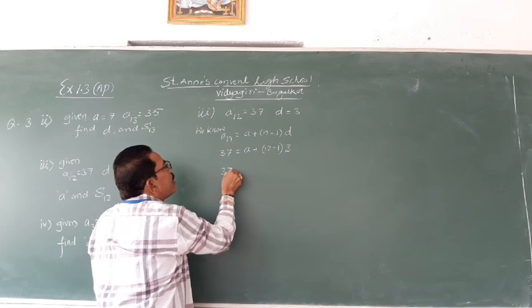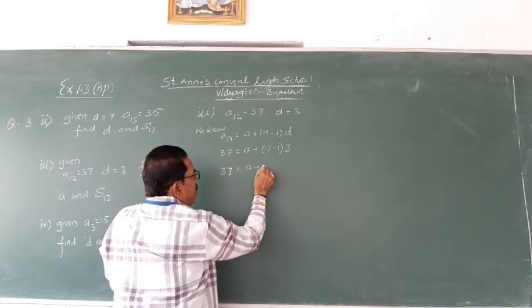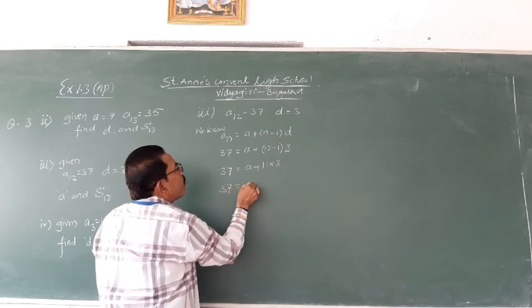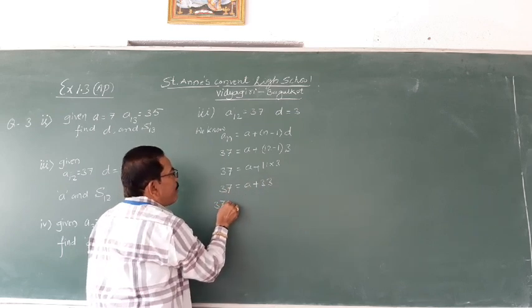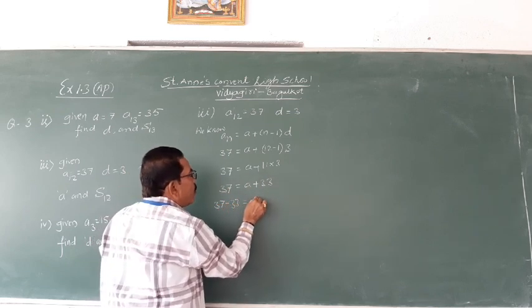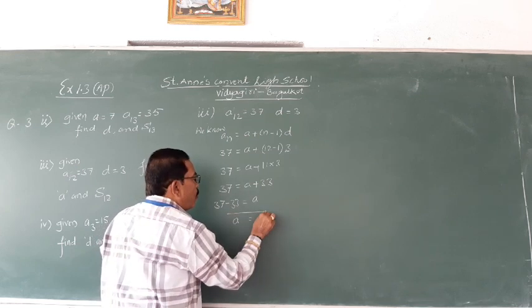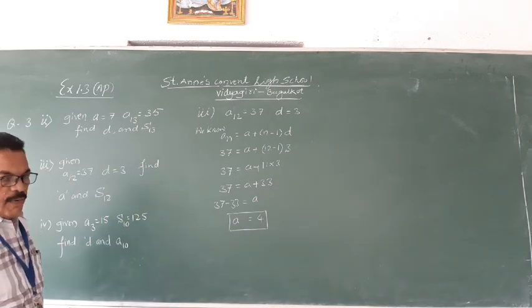So 37 equals a plus 12 minus 1, that is 11 into 3. 37 equals a plus 33. 37 minus 33 equals a. How much? We have a equals 4. a equals 4 by substituting the given values.